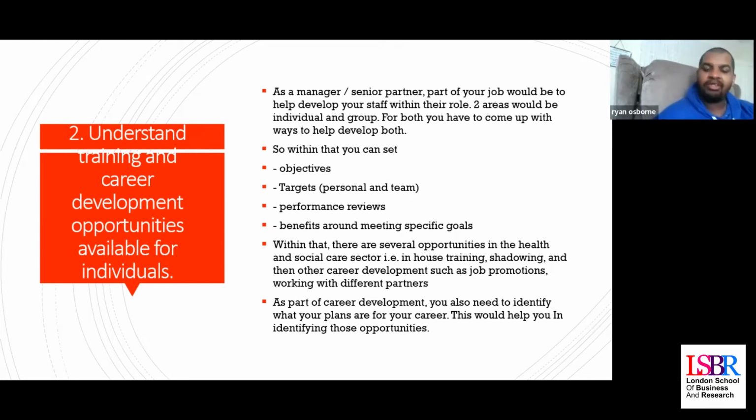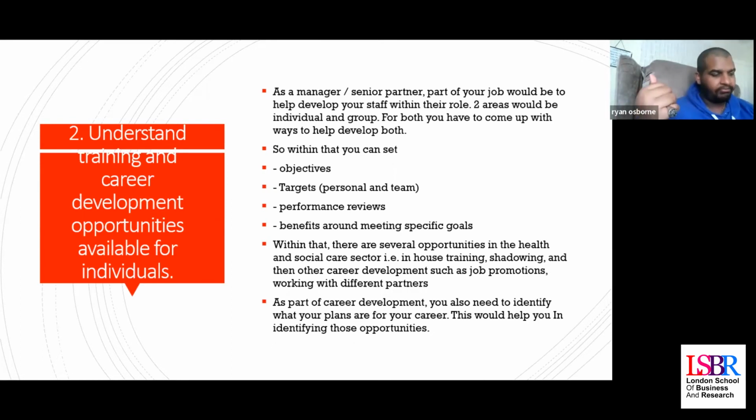Targets are another one: personal targets and team targets. You can set them specific targets over a period of time, in many areas. It could be communicating with specific types of people, their work, or time management. Those are personal targets for them to meet. Then you've got team targets.